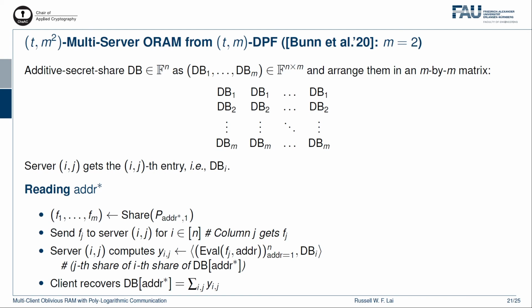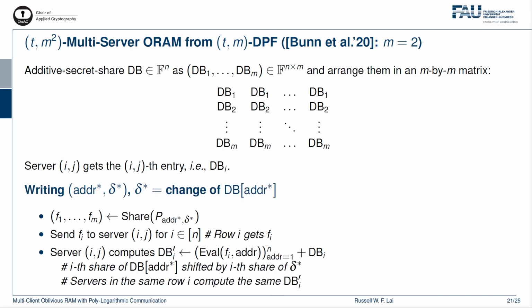Each server ij then evaluates its share, fj, on all the addresses from 1 to n, which results in an n-dimensional vector. It then computes the inner product of this vector with dbi. Because of the linear homomorphic property, this results in the jth share of the ith share of the target value. Finally, the client simply adds up all these values and recovers the target value.